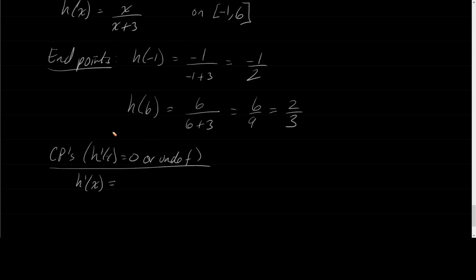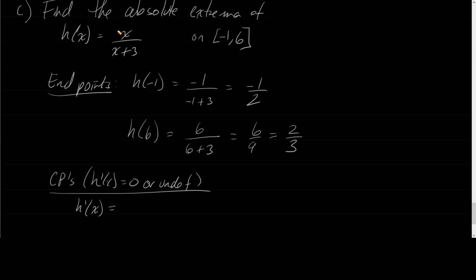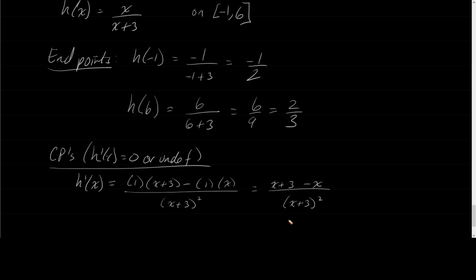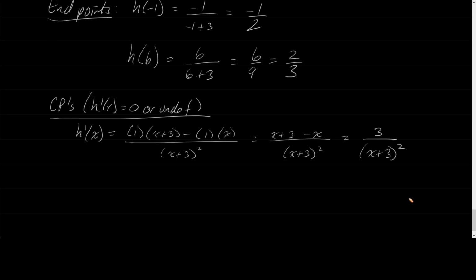The function was x over x plus 3, so I need to use the quotient rule: the derivative of the top times the bottom minus the derivative of the bottom times the top, all over the bottom squared. Simplifying this a little bit, x minus x goes away, so I end up with just 3 over x plus 3 squared.